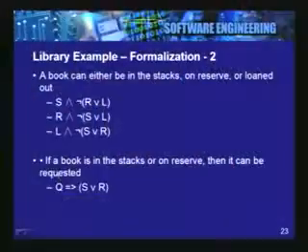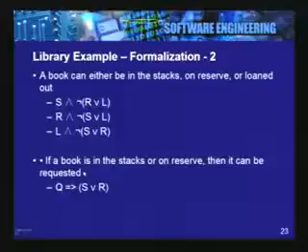The next bullet here talks about how the book can be requested. Now, the book can be requested if it is either on the stacks or it is being held in reserve for the person who is requesting the book at that point in time, and that is what this is trying to say.